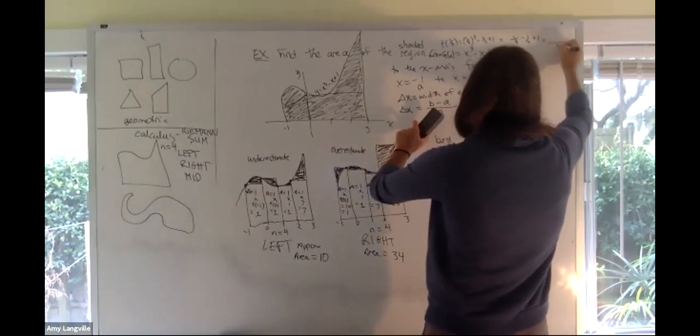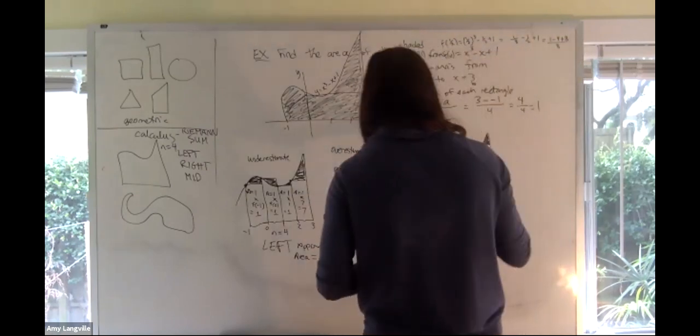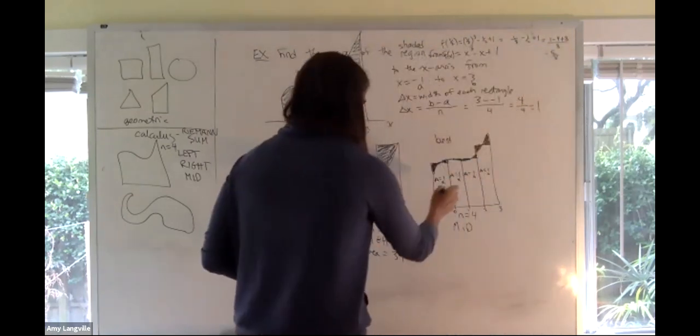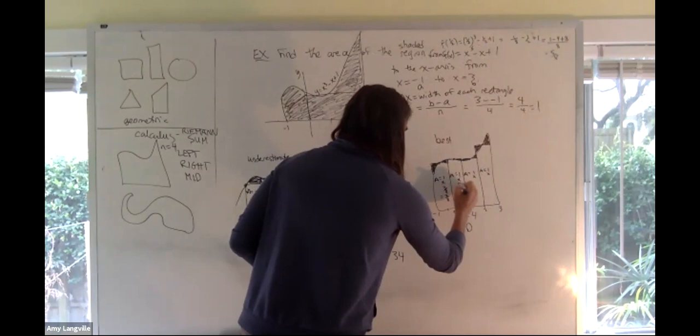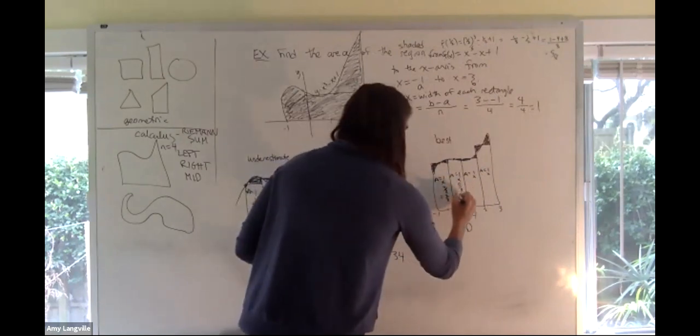Let's put them all over eighths. So it'll be 1 minus 4 plus 8, which is 5/8. So the height of this second rectangle is 5/8. You multiply the 5/8 times the width of 1, and you get 5/8.